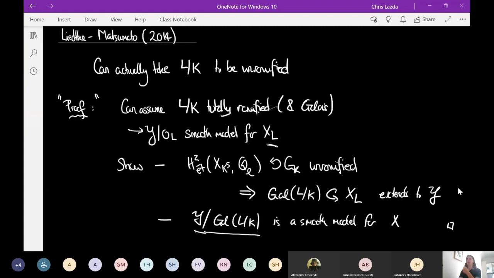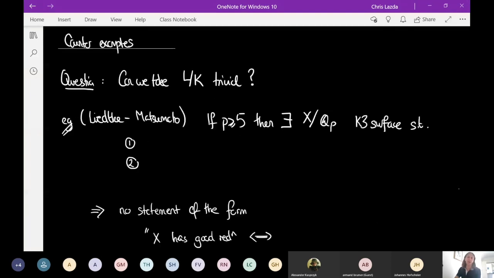For curves and abelian varieties, if you have good reduction over an unramified extension, then you already have good reduction without taking any extension at all. And so a very obvious question is, do we need to take an extension at all? And the answer turns out to be yes.